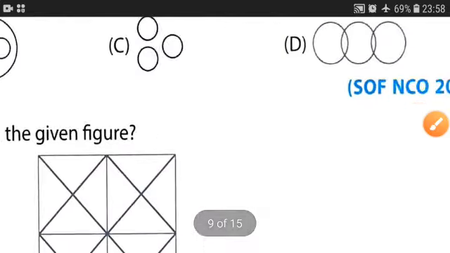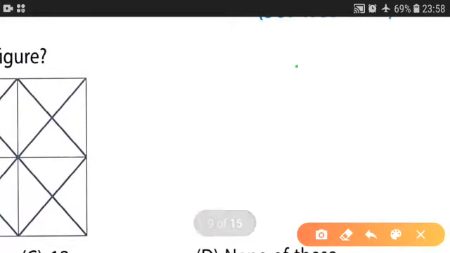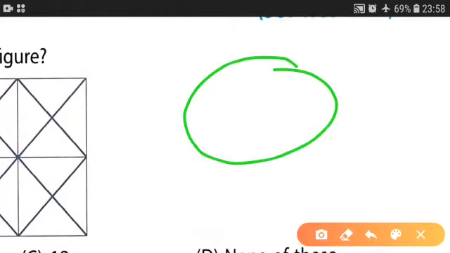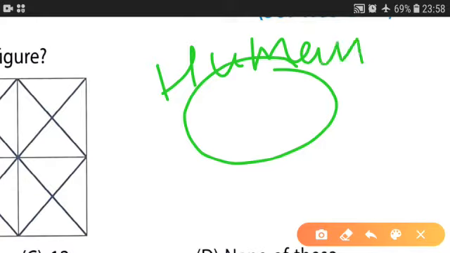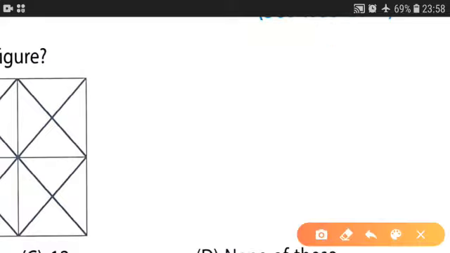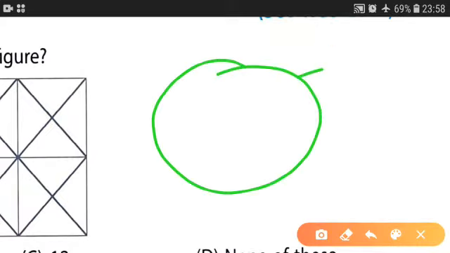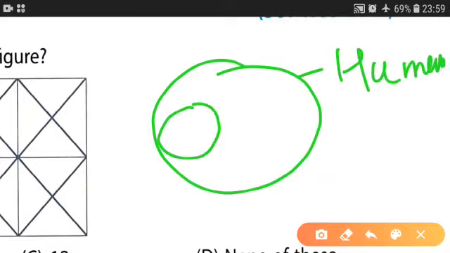Okay, for example, let us take an example of humans. Let me say this circle is representing humans. This circle is for men.